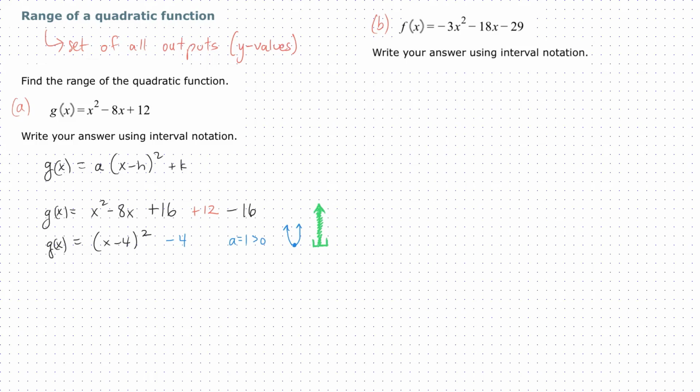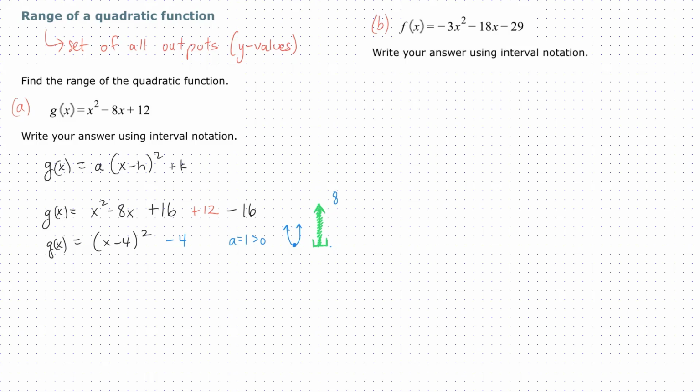Now, we already know what that minimum value is. It's actually -4. So this is going to go from -4 to infinity. That is not an 8, that's actually the infinity symbol. Except I wrote -4 the wrong way. So let me change this.